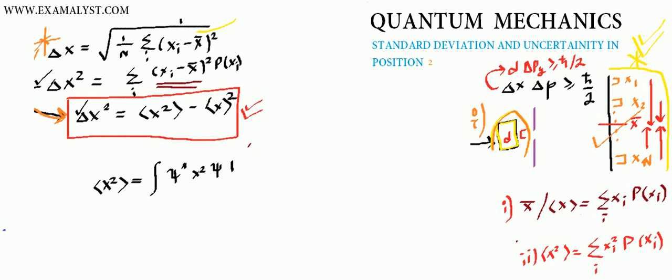Agreed? So this is the quantum mechanical version of x square. So what is the expectation value of x? You all know the expectation value of x. It is nothing but integration, you have to put only the value of x between psi star and psi. So you all know this part.